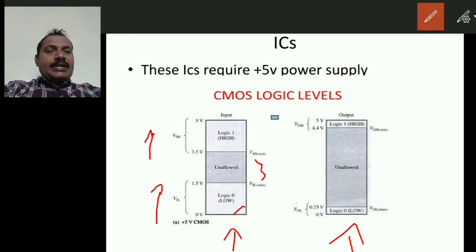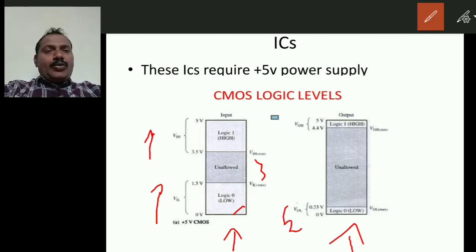Now let us consider the output voltage levels. For logic 0, it is 0 to 0.33 volts. That means if a CMOS circuit is producing output logic 0, it will produce 0 to 0.33 volts. Then only it will be treated as a logic 0 output.